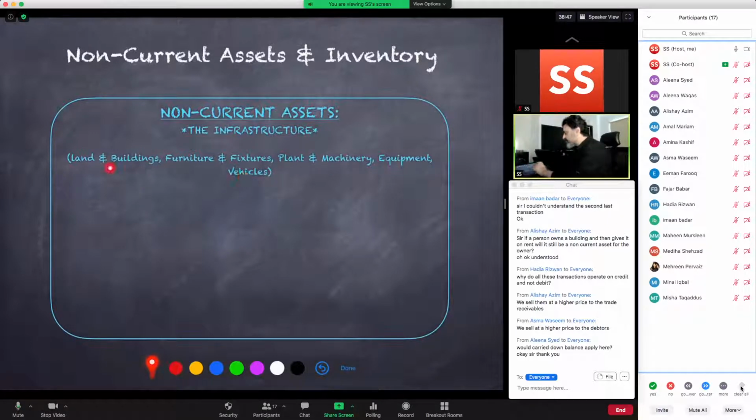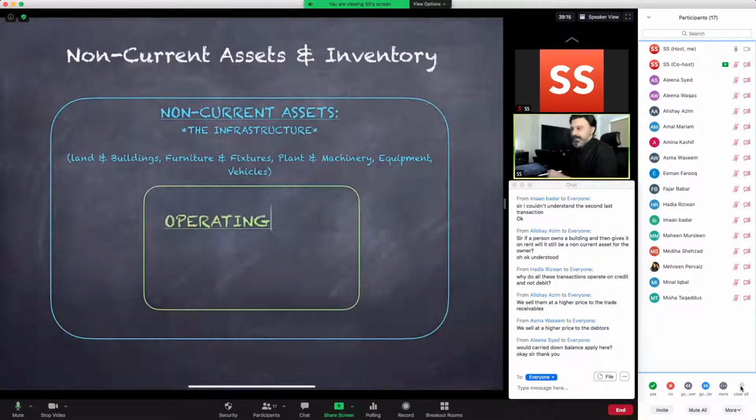So when you buy land and building, furniture, fixtures, plant and machinery, or any other non-current asset, whose purpose is to provide infrastructural stability, obviously you don't buy such assets with the intention of selling them again. You buy these assets with the intent of keeping them and using them over a long period of time. That is why non-current assets need to be understood separately.